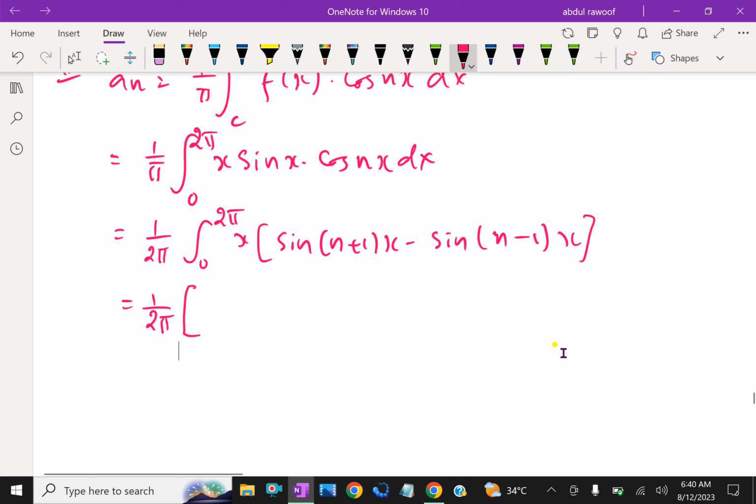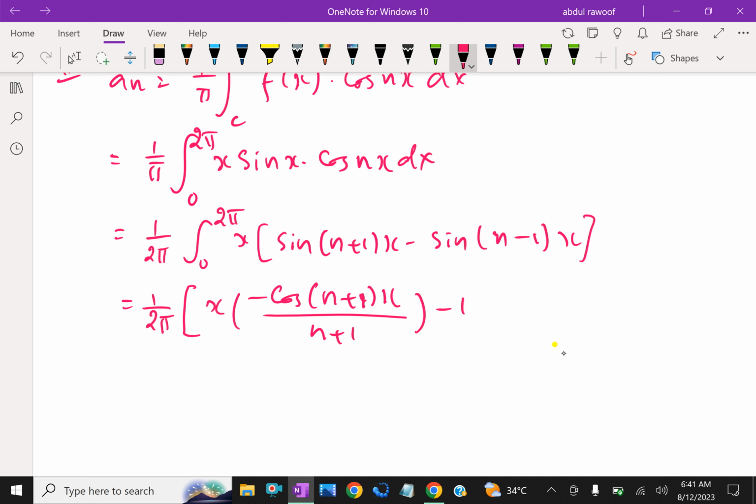Here it equals x times minus cos of n plus 1 x over n plus 1, minus the integral of the differential of first times the integral of second, that is minus sin of n plus 1 x over n plus 1 the square, because of one more integration.